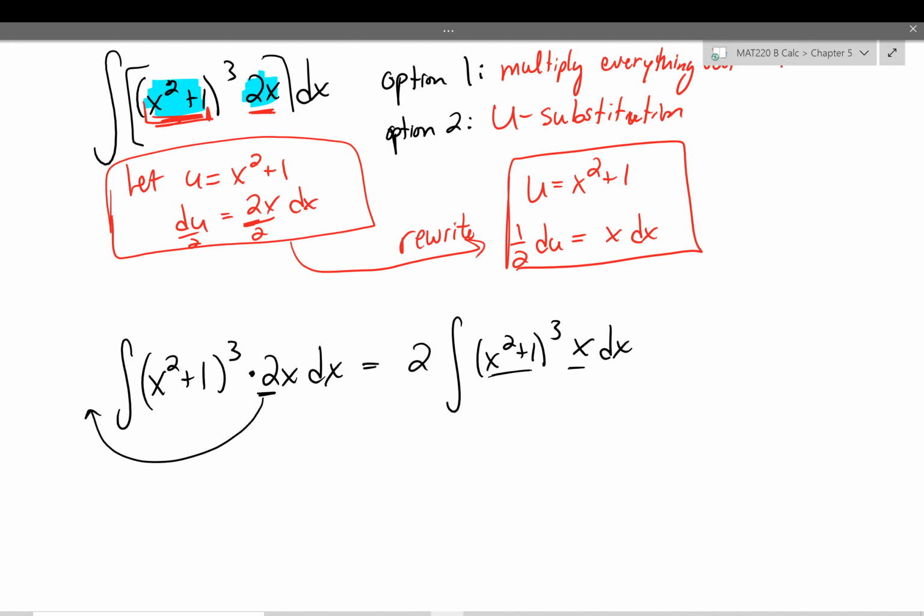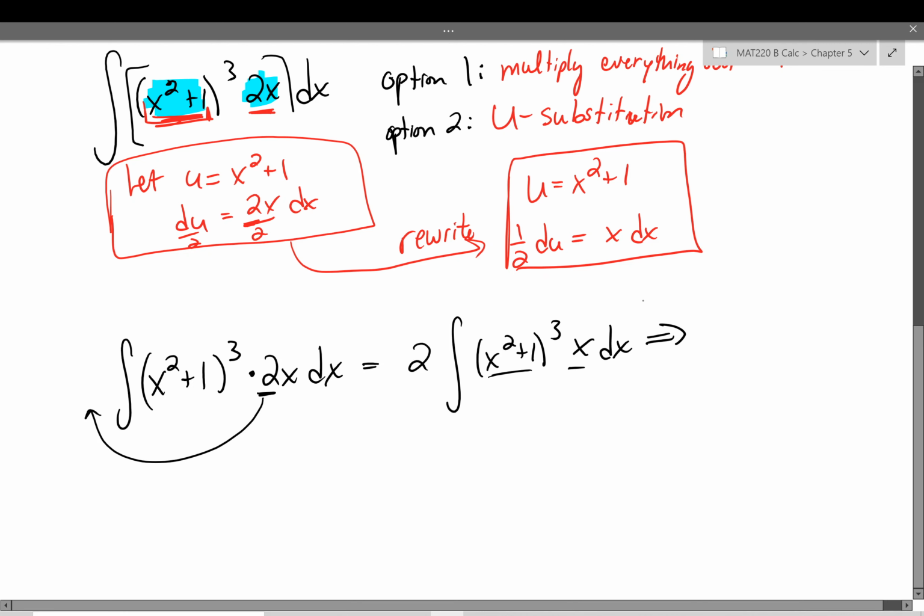First, let me write the word U-sub. Wherever you see x squared plus 1, let me use a highlighter, you are going to replace that with the letter u.